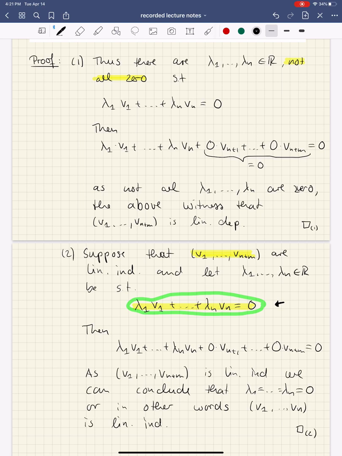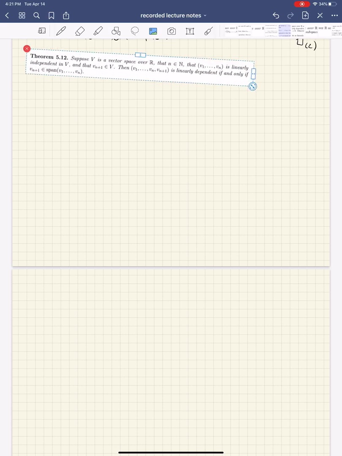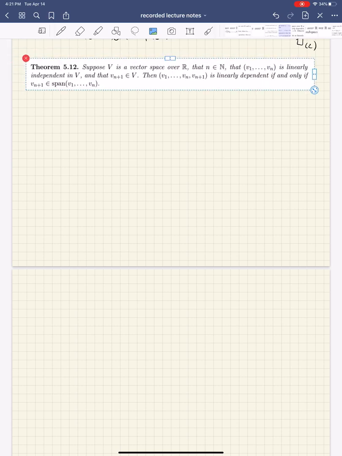So now we're getting to the end of this lecture. We have one more result we want to go over, and that is theorem 5.12 in the lecture notes. Let us be given a vector space over R and an n-tuple that is linearly independent. Then we take another element in the vector space, Vn plus 1.